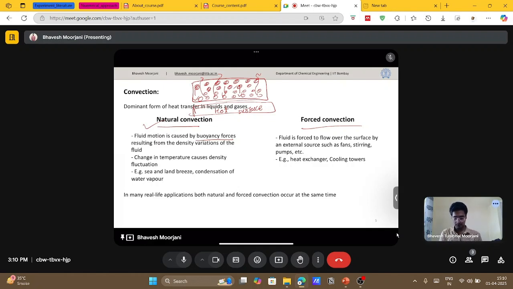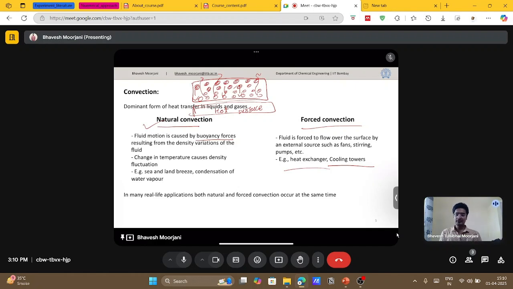While in forced convection, the fluid motion over the surface or within the pipeline is due to external sources, be it a pump, stirring, or fans, right? The best example you can consider is our cooling tower, natural draft heat exchangers that we have. Even the cooling tower is a combination of both natural as well as forced convection, though forced convection plays a dominant role there, right?